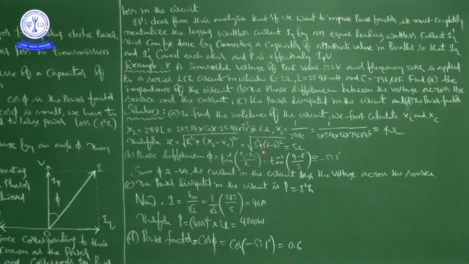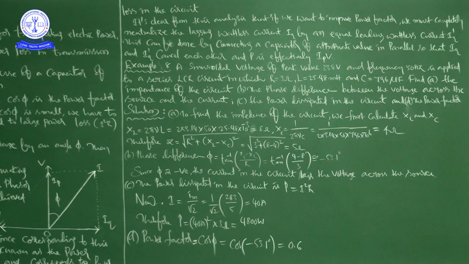Square root of 25 gives us 5 ohms. Impedance is the resistance offered in the LCR circuit. So we got 5 ohms.